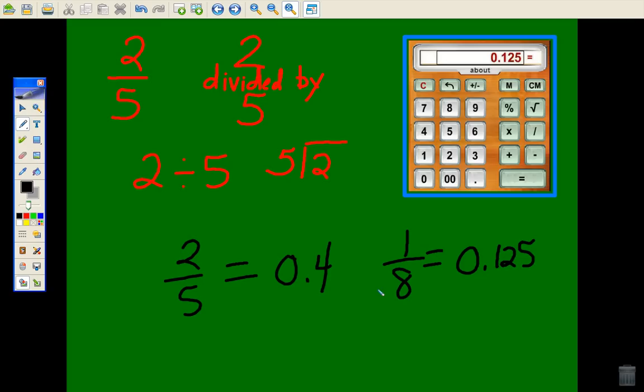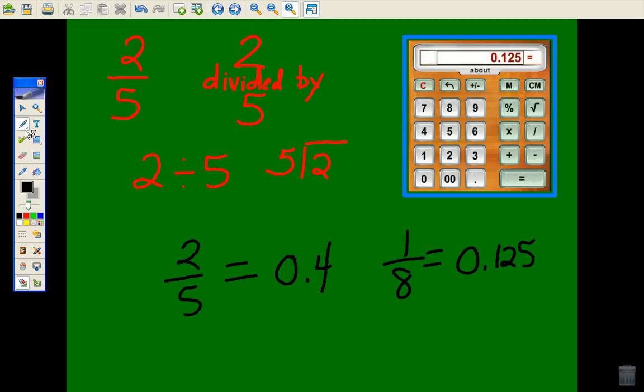So you can just play with this. Later on in 6th grade, you're going to learn how to actually divide these out to get the decimal instead of having to use a calculator. But I want you just to play around and see how you can take the fraction form, make it a division problem. Make that bar say divided by, 2 divided by 5, and the result will be a decimal.